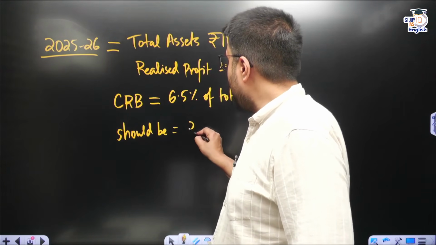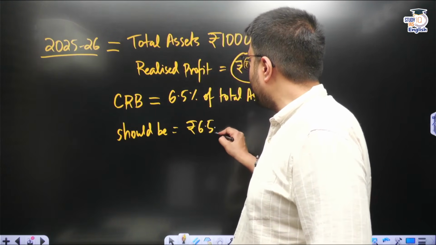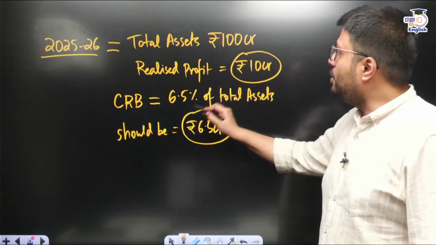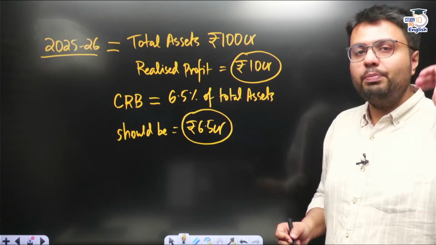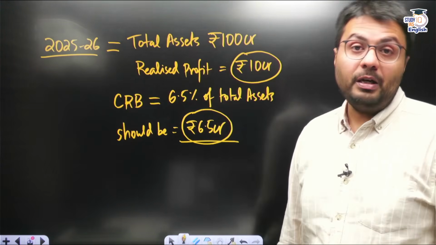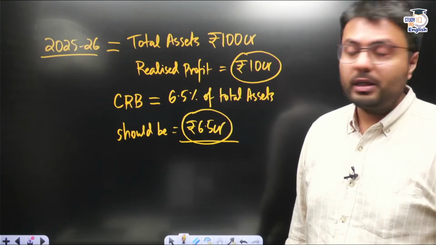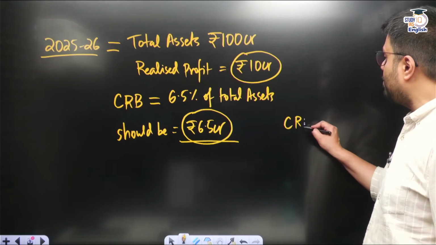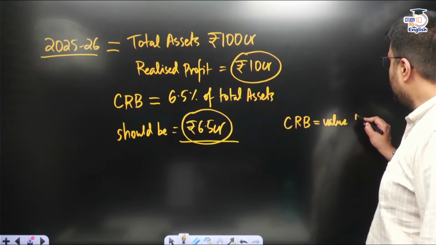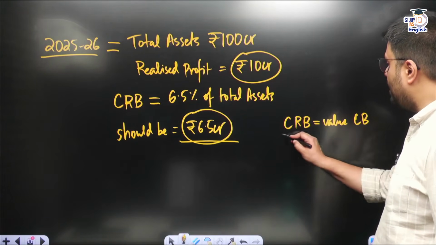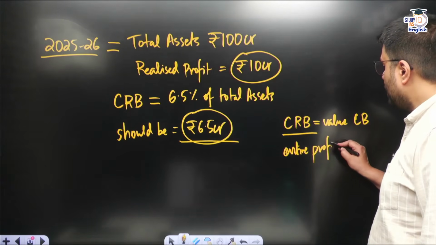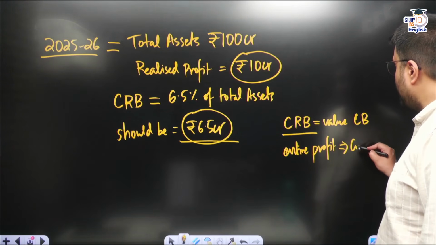It should ideally amount to 6.5 crore rupees. Now, before transferring the profit to the government from its realized profit, RBI would check whether my contingency risk buffer is 6.5 crore or not. If the contingency risk buffer is equal to the value as fixed by the RBI central board, then the entire profit would be given to the government.